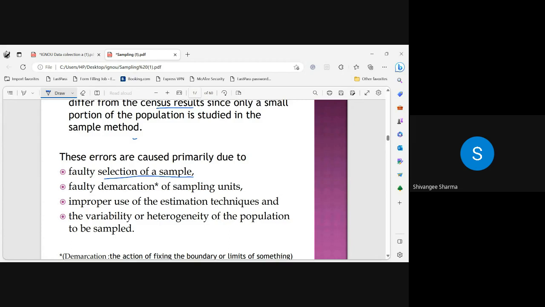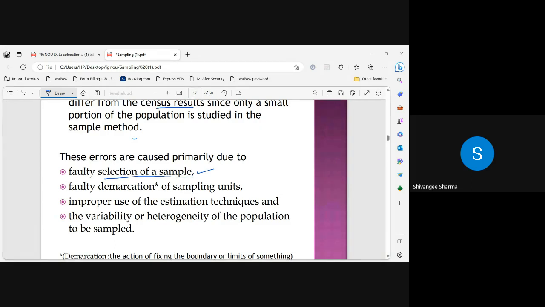When you don't select a sample as per the nature and requirement of the research, then you can get a very high difference between your true values and estimated values, and that will be due to a sampling error, faulty selection.